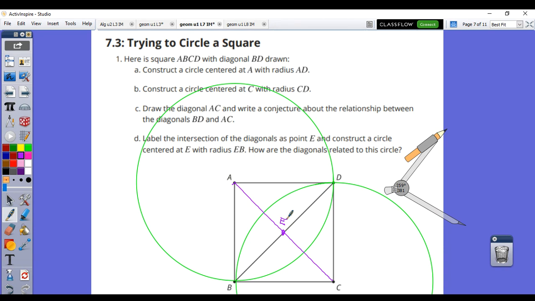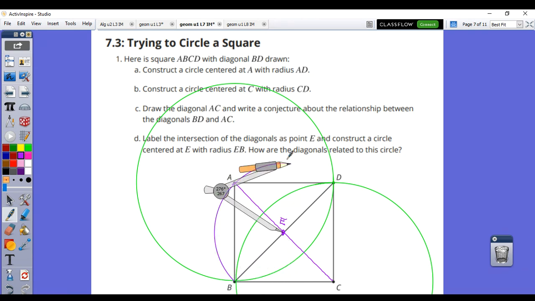We're going to construct a circle centered at E with radius EB. All right. Make my compass a little bit smaller. Okay, so now I'm going to make that circle.